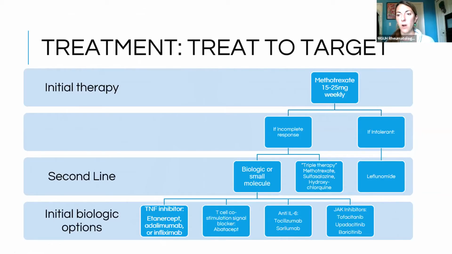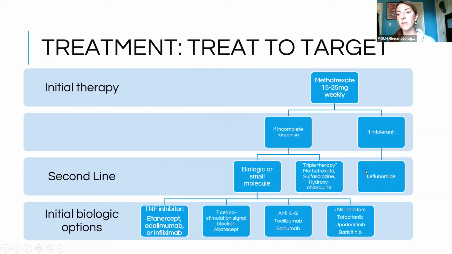Now, this is sort of our standard trajectory here, right? But very importantly, methotrexate and leflunomide are significantly teratogenic, right? Methotrexate will cause miscarriages if taken in the early parts of pregnancy. And leflunomide is also damaging to a newborn baby. Methotrexate really should be stopped 12 weeks before attempting conception if you have a young lady who's wanting to get pregnant.